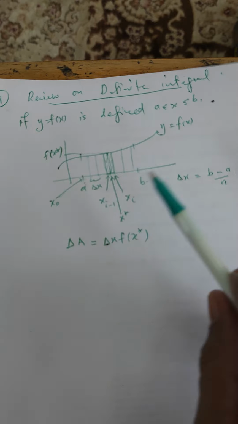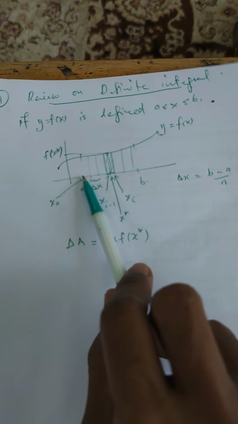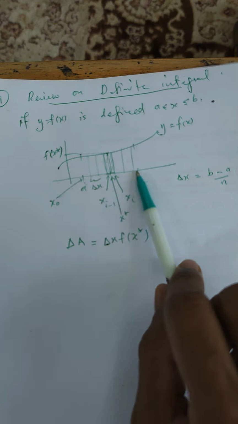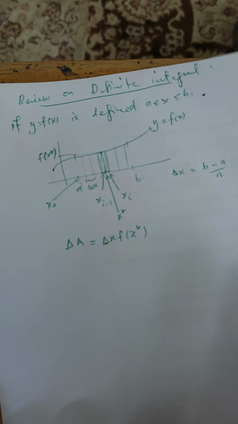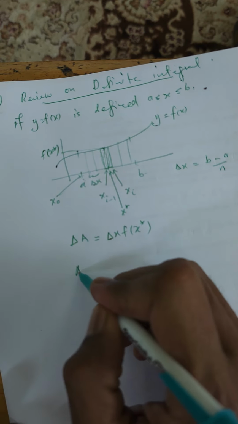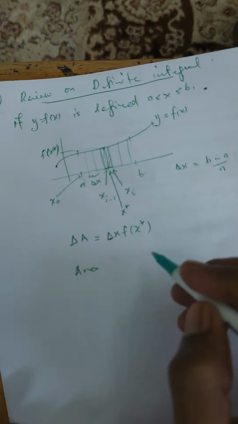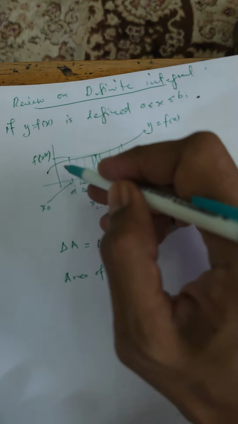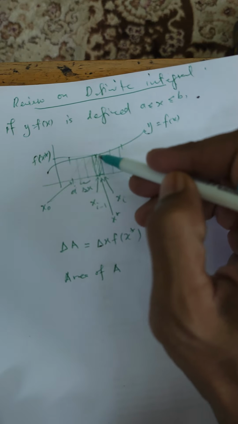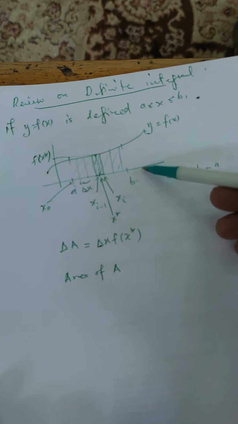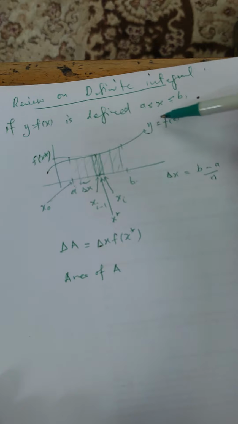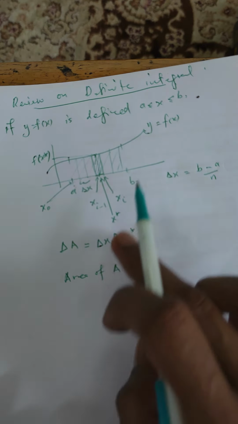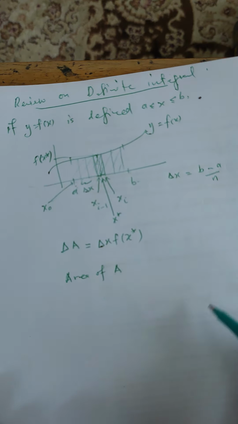To find the area for all these small sub-intervals, we sum them all. So let's call the area A, the shaded region between a and b, bounded by y equals 0 and y equals f(x).